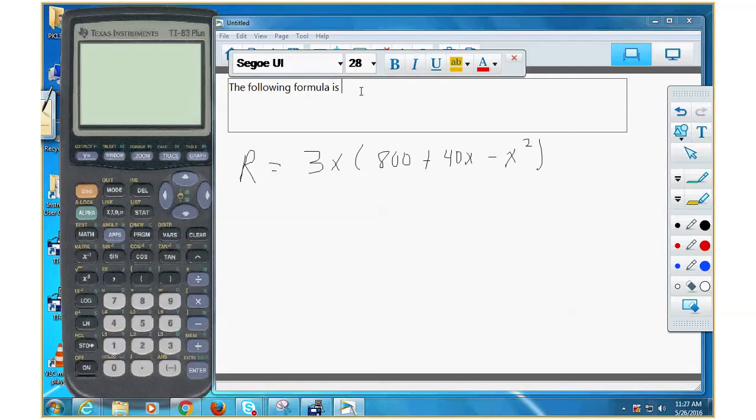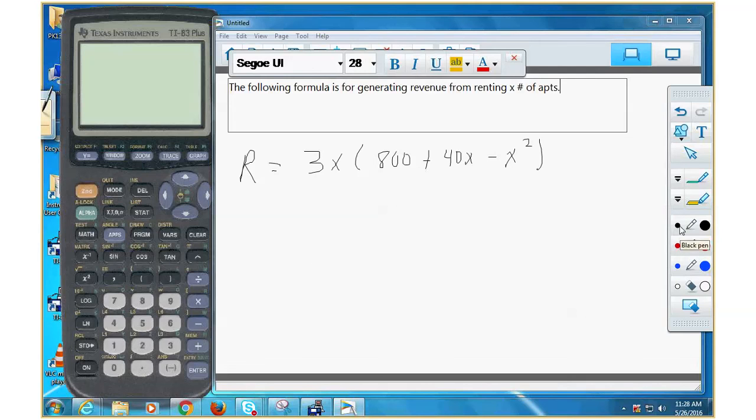The following formula is for generating revenue from renting X number of apartments. That's what it is, okay?